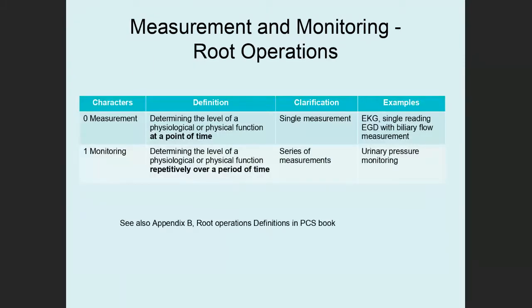Measurement, root operation 0, is defined as determining the level of a physiological or physical function at a point in time. It's a single measurement. Monitoring, on the other hand, is determining the level of physiological or physical function repeatedly over a period of time. So you're monitoring it over time, a series of measurements. If it's single, it's measurement. If it's a series of measurements, it's monitoring.